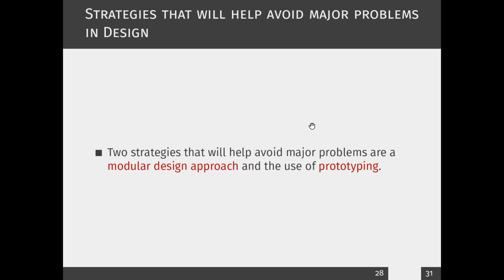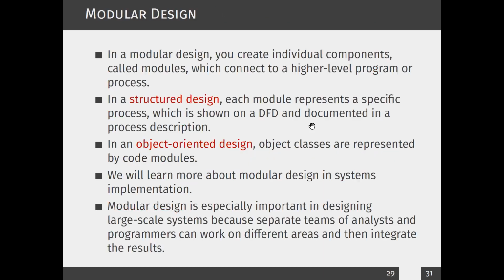What are the strategies which help to avoid major problems in design? The first one is the modular design approach, and the second one is prototyping. When you say modular design, you create individual components. These are called modules, which connect to higher-level programmable processors.